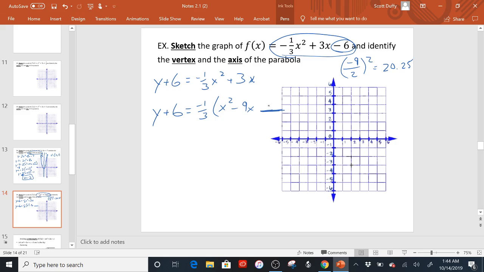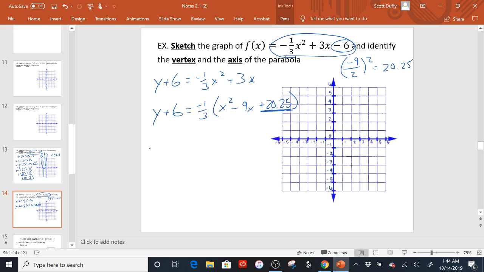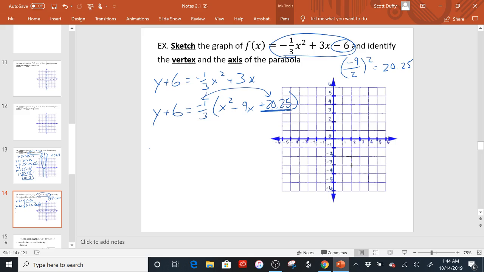Now, if I add 20.25 in here, I'm actually adding negative 1/3 of that. If you multiply these two, then you're actually going to get negative 6.75. So to the other side, I have to add negative 6.75.